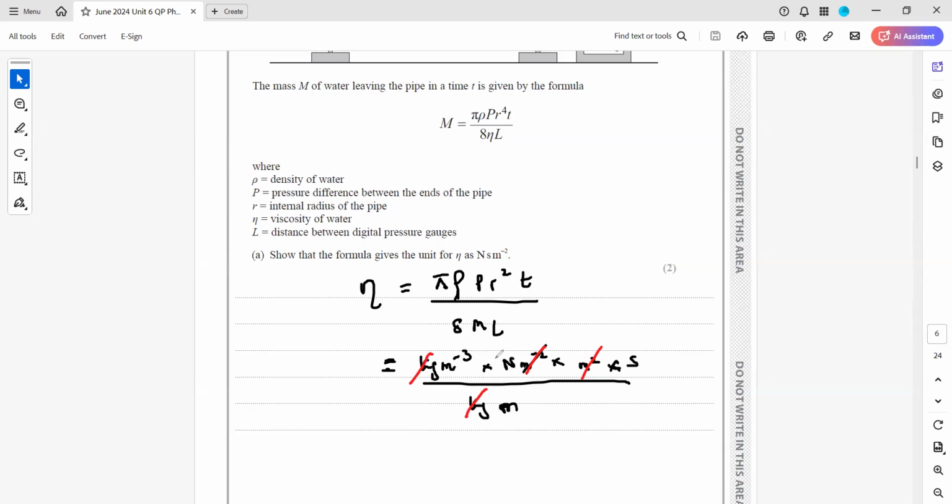So is anything else left? Kilogram. Yeah, second is left, Newton is left, but this is not making sense. Density of water is kilogram per meter cube. And this will go up, so this will be -1, not -2.